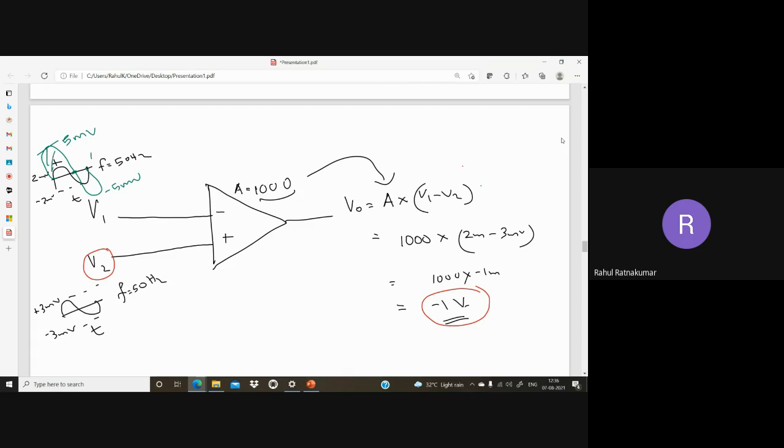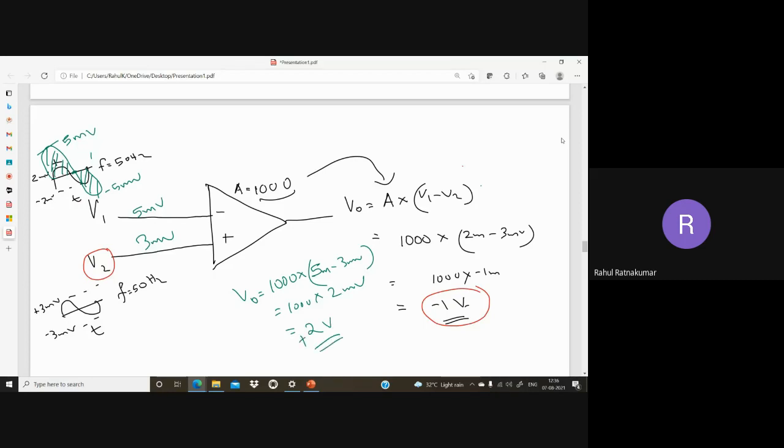So I'm increasing my V1, so this is becoming 5 millivolt, and this is 3 millivolt. Now let's see what is the output. V output equal to gain times 1000 into V1 minus V2, 5 millivolt minus 3 millivolt. So we got 1000 into 2 millivolt, that is 2 volt. Now here it is plus.